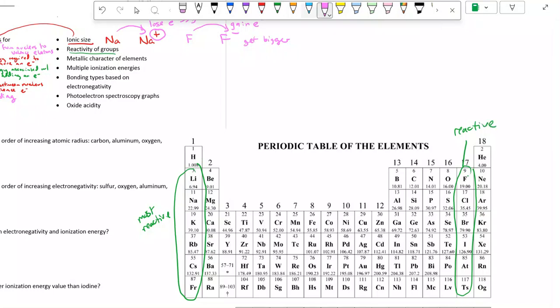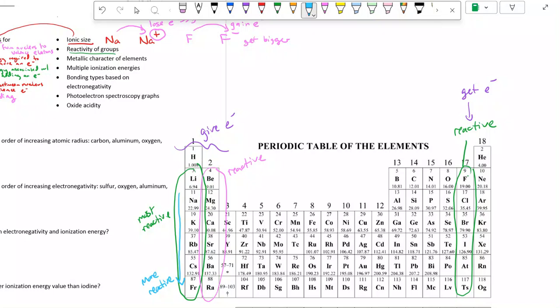Okay, and then group 2A is also pretty reactive. Okay, these two groups give electrons really well, and this group gets electrons really well. Okay, those are the reactivities, and as far as how they rank among themselves, the most reactive, they get more and more reactive.